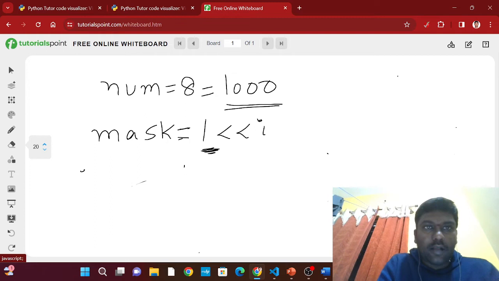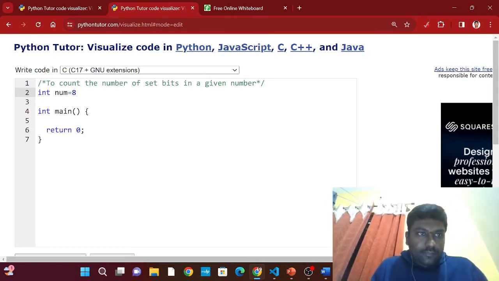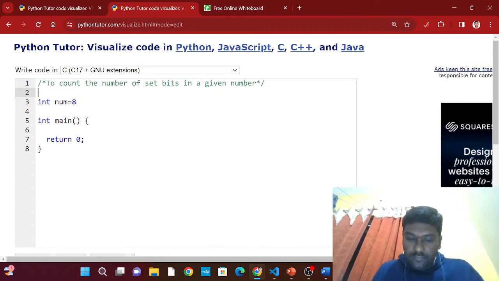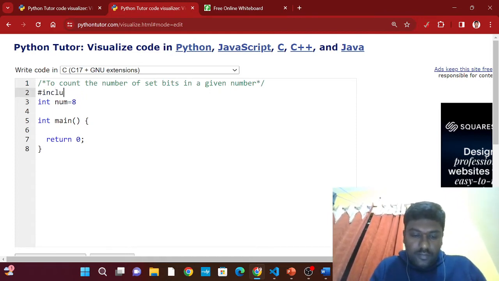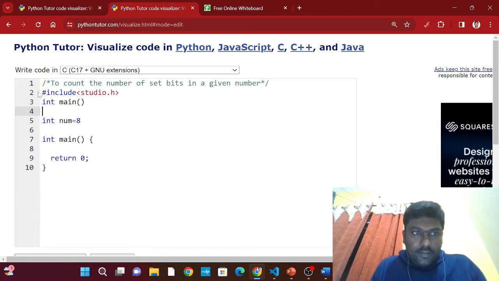So I am going to write the program right now. What is the number I am going to take in? int num equal to 8. So I have taken int num equal to 8.